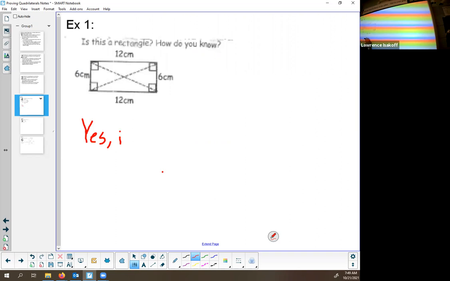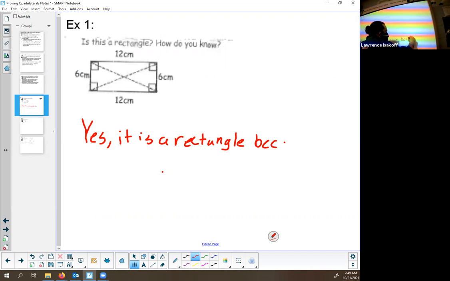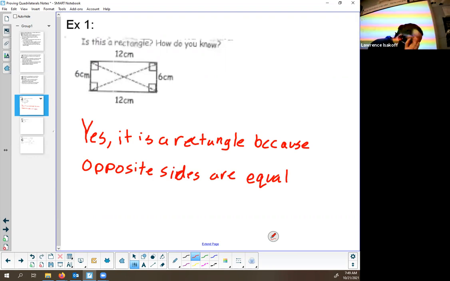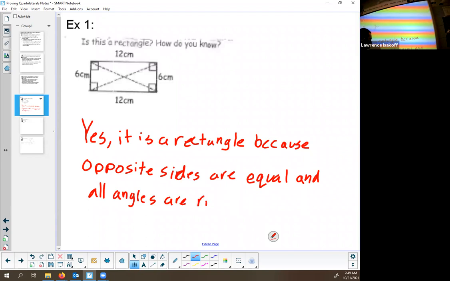Yes, it is a rectangle, because you guys provided the evidence that opposite sides are equal, and you guys pointed out the evidence that all angles are right angles. It is critical we write this statement.